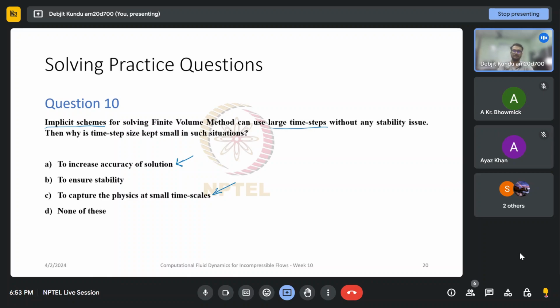Is it option B, to ensure stability? Is it option C, to capture the physics at small time scales? Or is it option D, none of these? Okay, so we have another response in favor of option C as well.